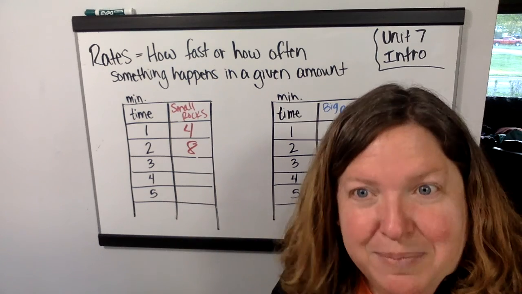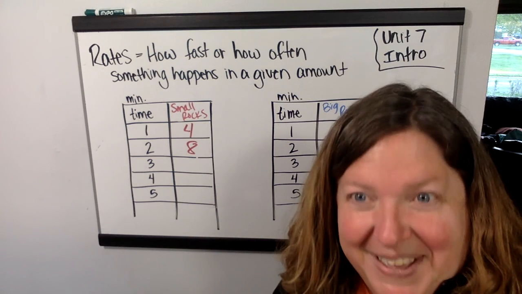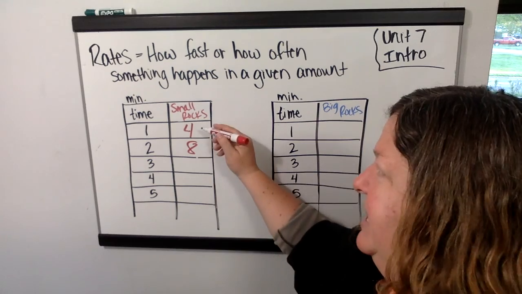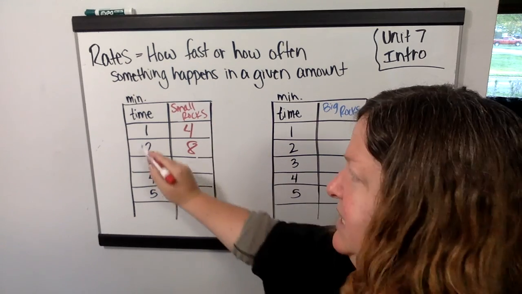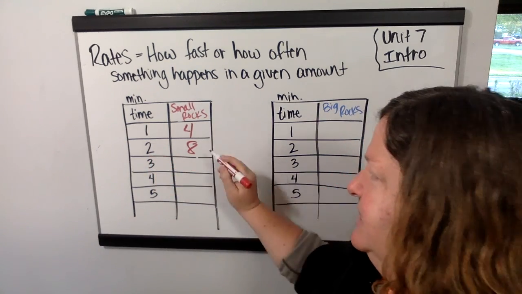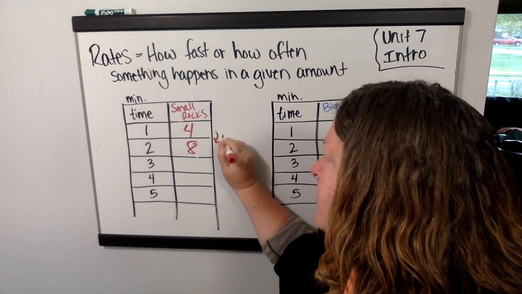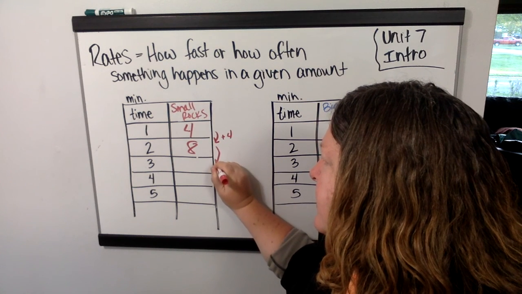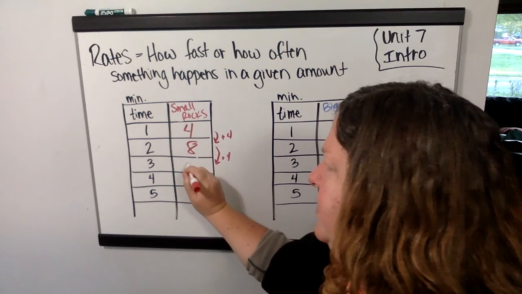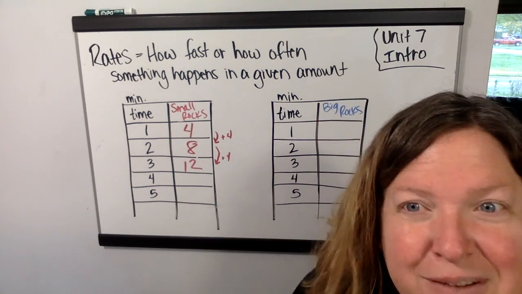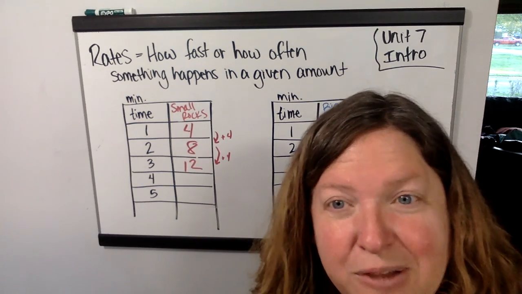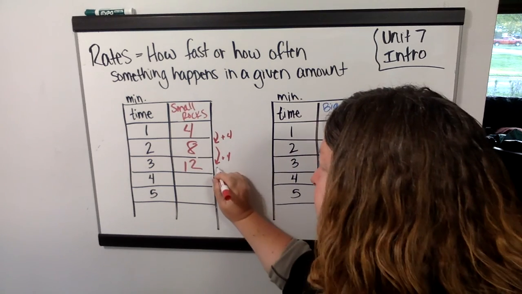How about after 3 minutes? I hope you're remembering that we're going to keep counting. This is counting up by 1. This is counting up by 4. So after 3 minutes, I found 4 more, which means I'd found 12 rocks.